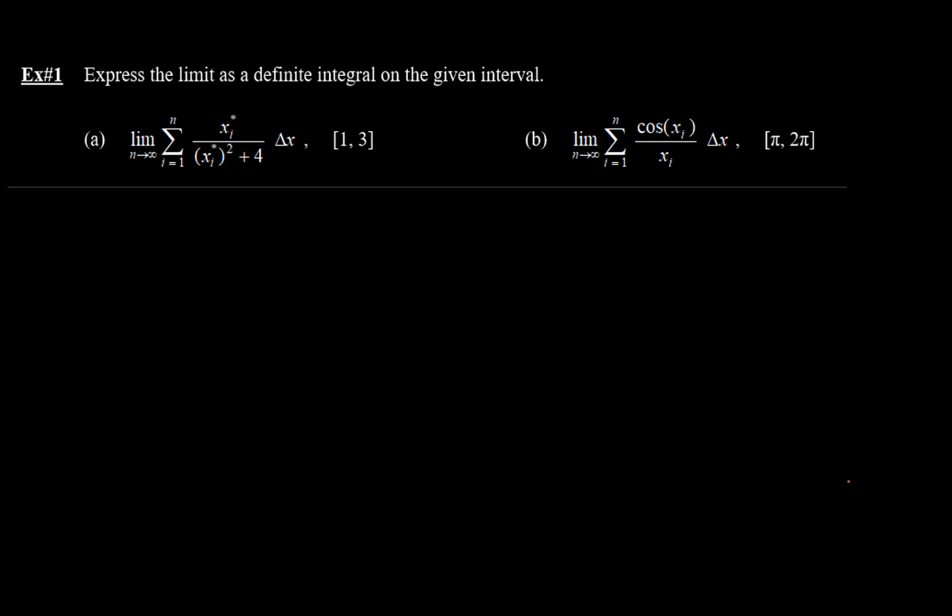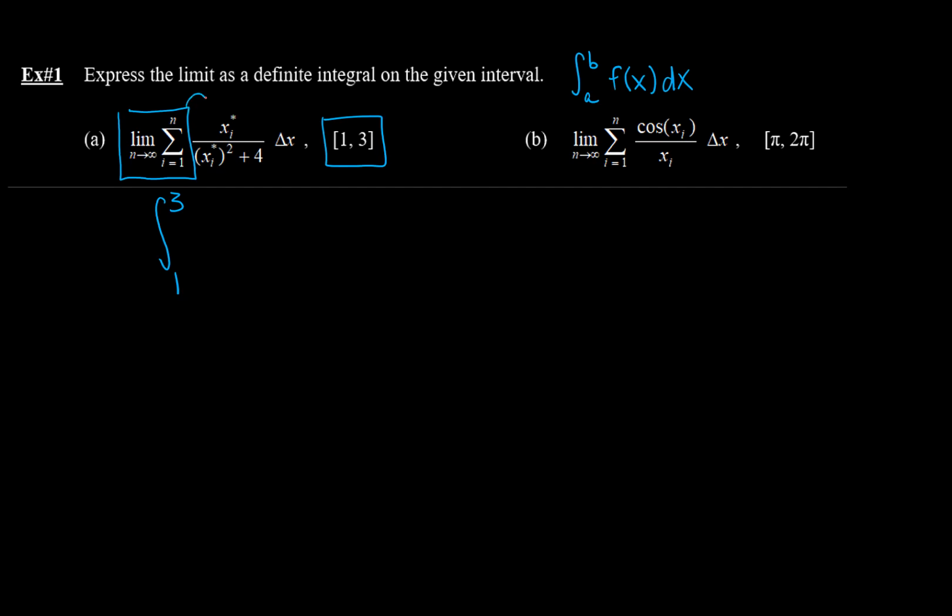Let's take a look at some examples. So let's express this limit as a definite integral on the given interval. Okay, so remember, the integral looks like this. A to b of f of x, sorry, no sub i, that's for the limit notation, f of x times dx. All right, so this whole thing right here is replaced by the big S. These pieces right here, this is a and this is b.